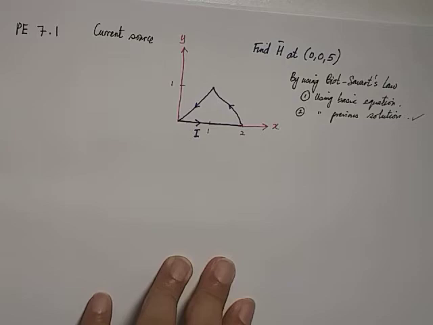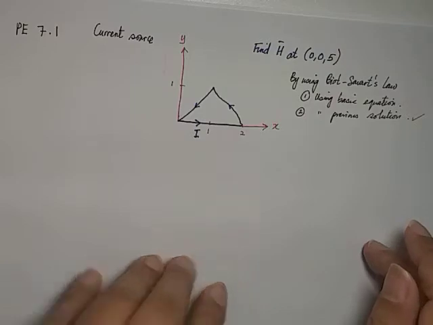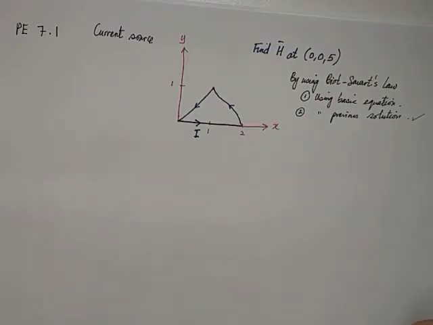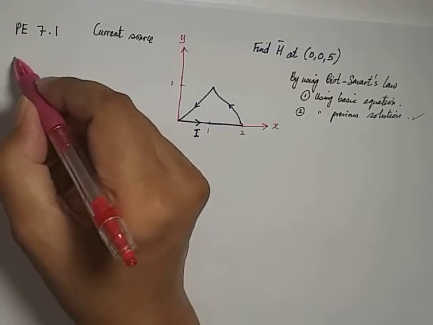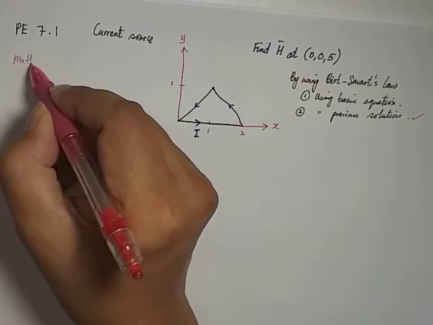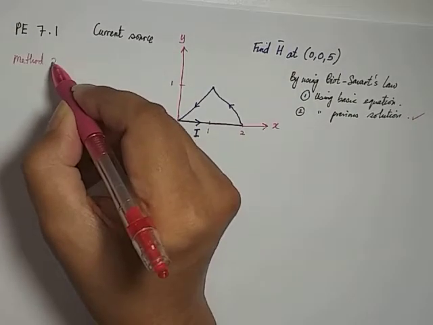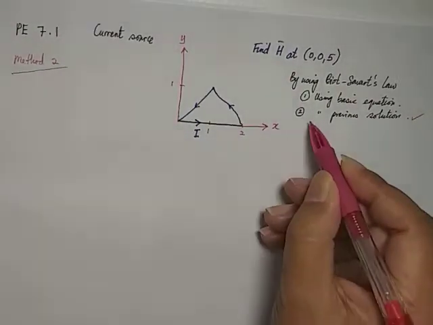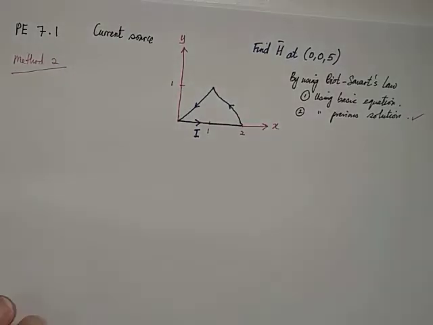Hopefully this motivates you to do as many examples as possible, because that experience enables you to become a wiser person when you want to solve EMT problems. So method number 2 is previous solutions.